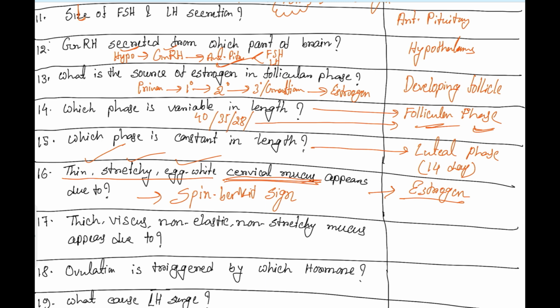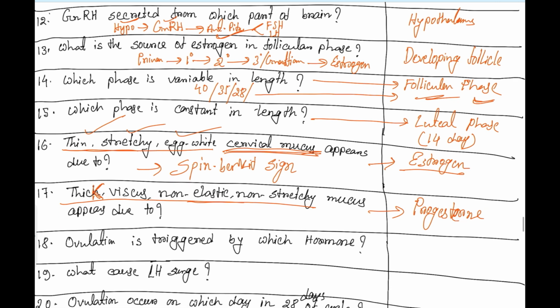But if your cervical mucus is thick, viscous, non-elastic, non-stretchy, that will be due to the progesterone hormone.